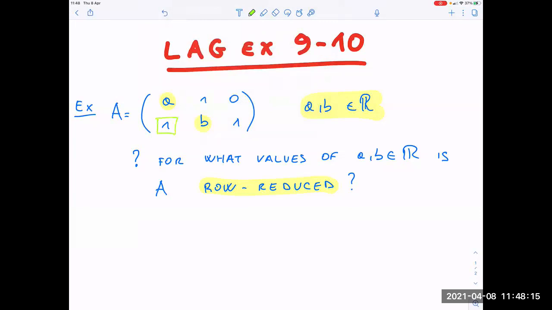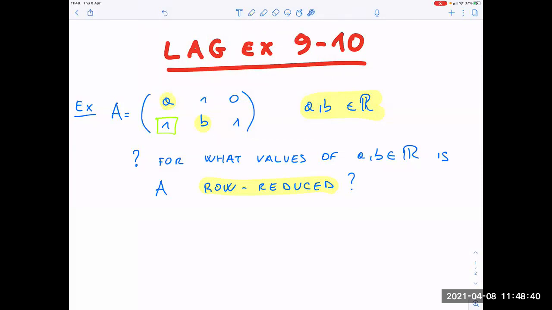I see a marker here in row 2, and then there is a question about the markers for row 1. Saying that this one is a marker requires A to be different from 0, while if A is 0, then this is not a marker, but this one is going to be.